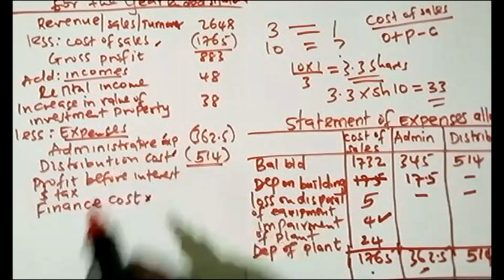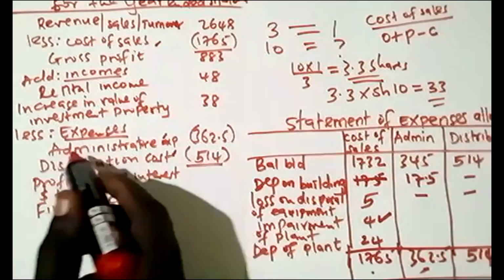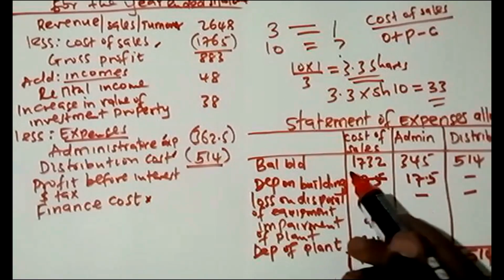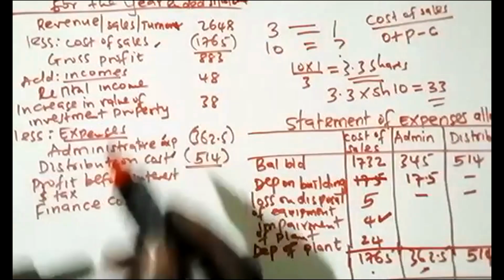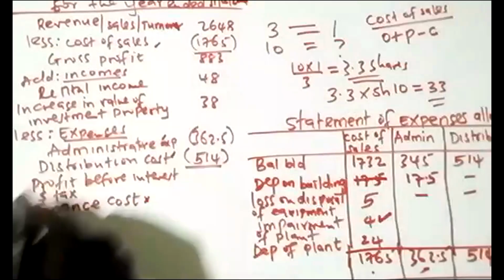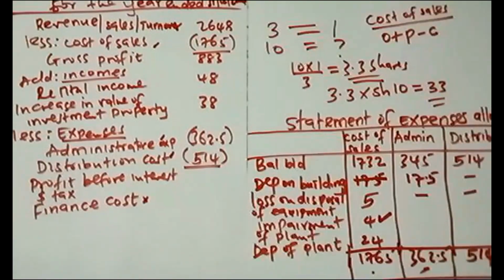Never come to your statement and start showing expenses here. That is why I did this. So once you come here and you start showing me that there's impairment, there's salaries, there's depreciation, I will just cancel your question this way, because you have not followed the standard IAS 1.